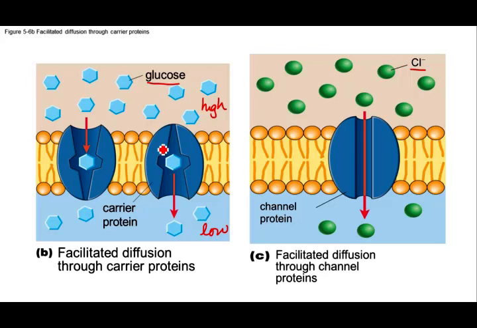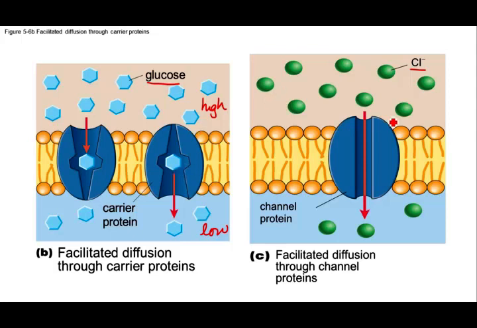That is provided by a type of transport protein called a carrier protein. The carrier protein has a binding site that's specific for whatever substance it's moving. So for this one, it'd be a glucose carrier protein, and it simply allows that substance to move down its concentration gradient. It doesn't take any energy to do this; it just needs a helper protein.